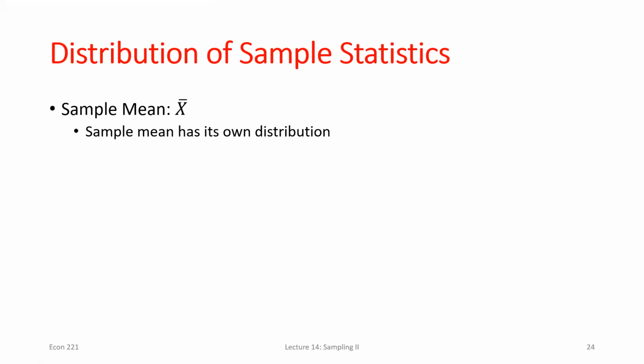As I look at values further from 31,000, those values become less and less likely. By the time I get up to 200,000, that seems really unlikely. So the sample means are going to have their own distribution. Certain values will be more likely for me to see of the sample mean than others.